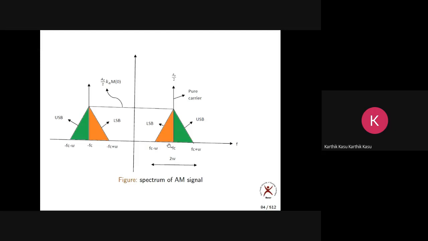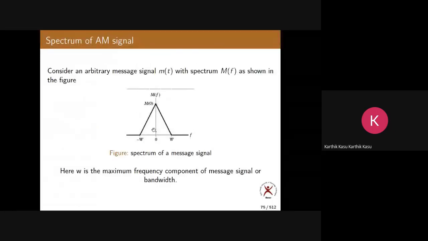Now they are called passband signals. What is this signal called? Passband signal. What is this signal called? Baseband signal. I told you already: if you do modulation, a baseband signal becomes a passband signal. Baseband means just like a low pass filter, a low pass signal. What will a low pass filter be like?